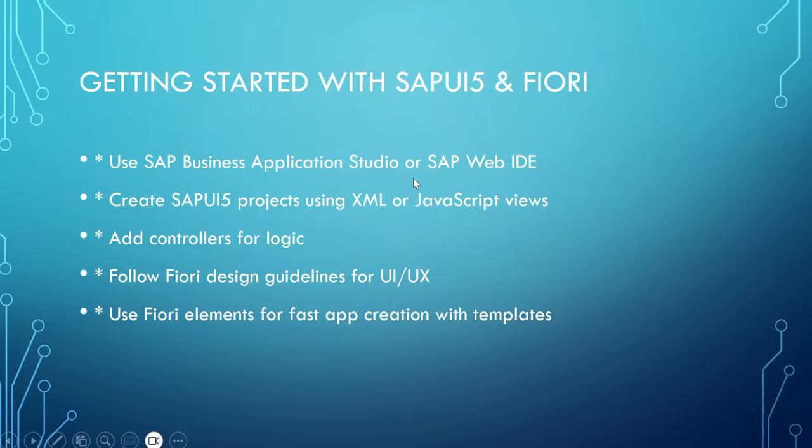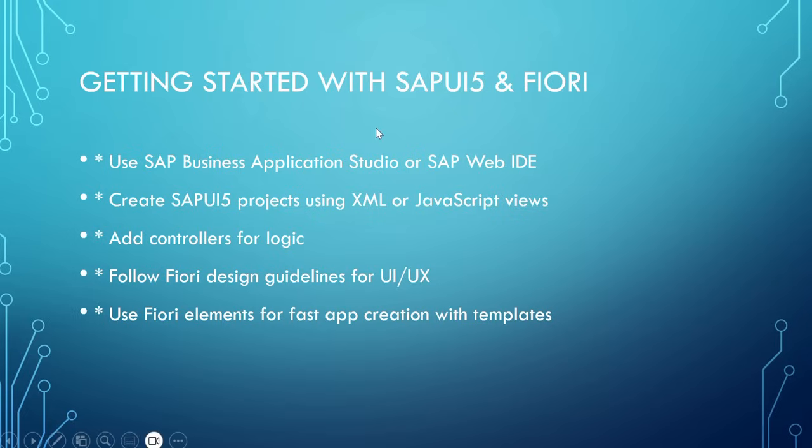So without wasting your time, let's get started with SAP UI5 and Fiori. To start our application, first I'm going to use the BAS system. If you haven't registered for the BTP trial account, please register.